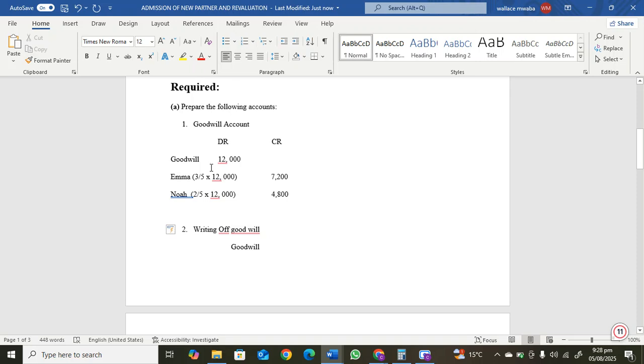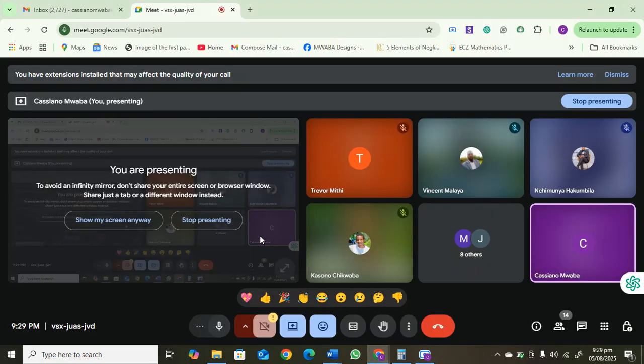Okay, colleagues, we're now going to debit the partners. Earlier on we credited, now we are debiting. The reason why we're doing this write-off is we just want to find out how much the new partner is going to compensate the older partners for him to benefit from this company.